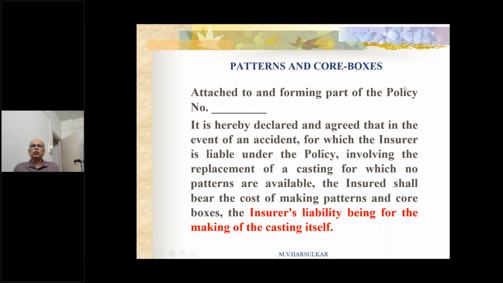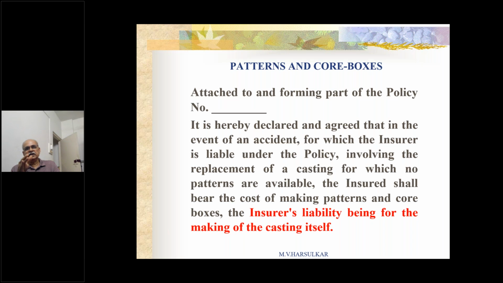And patterns and core boxes. For old castings and all these things, the manufacturer may not preserve those patterns and core boxes. So when there is damage to some casting, the repairer will include the cost of making new core boxes and patterns.